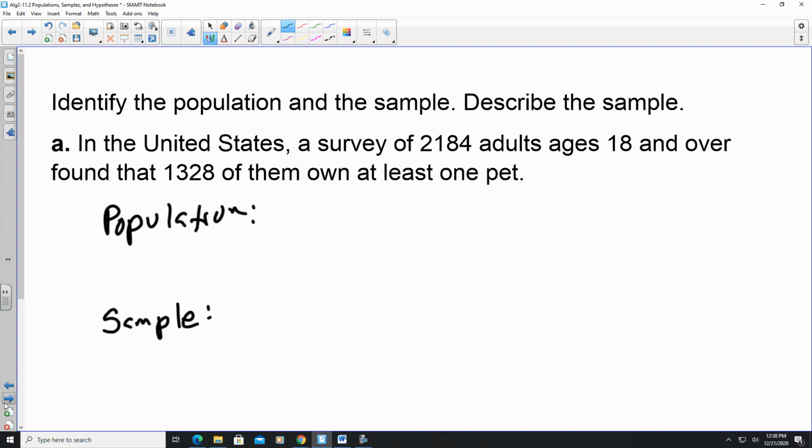A population, by definition here, is a collection of all the data that you want the information about.